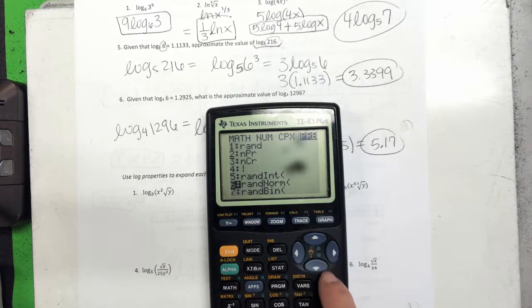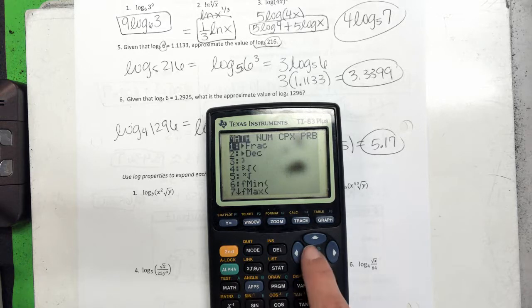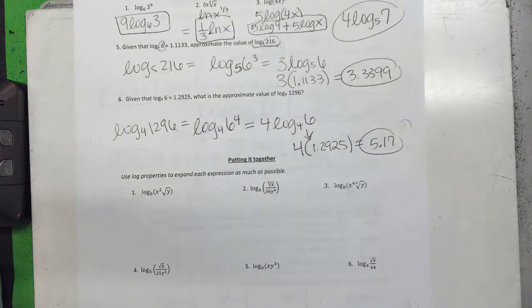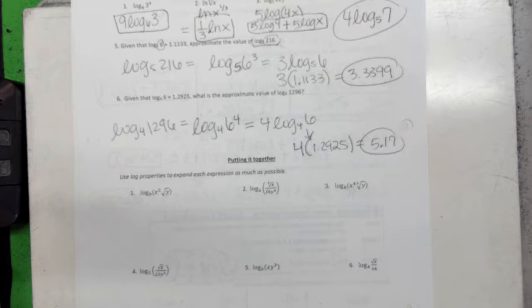Colby, what button was it? I thought it was math, but maybe I'm thinking of the TI 84.